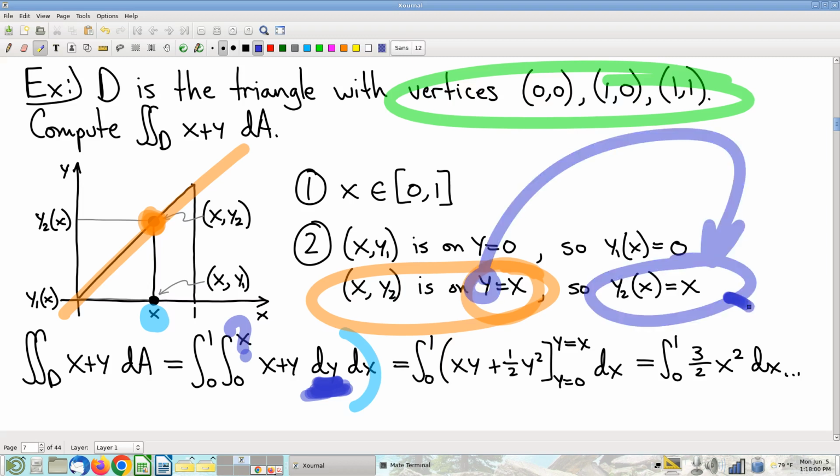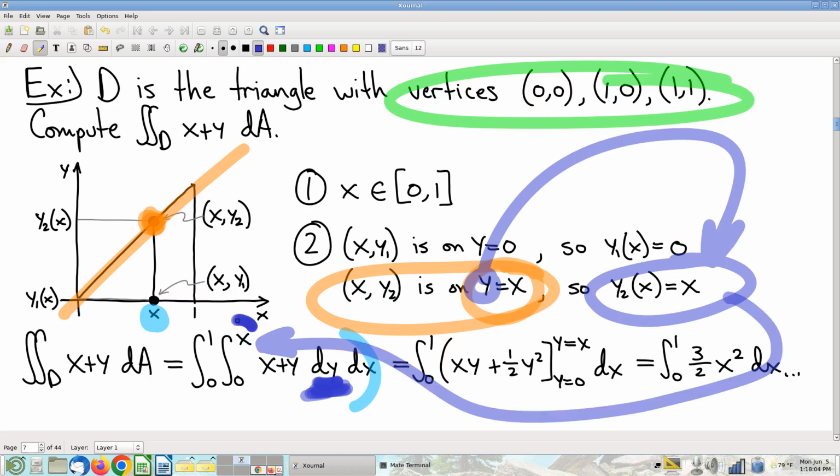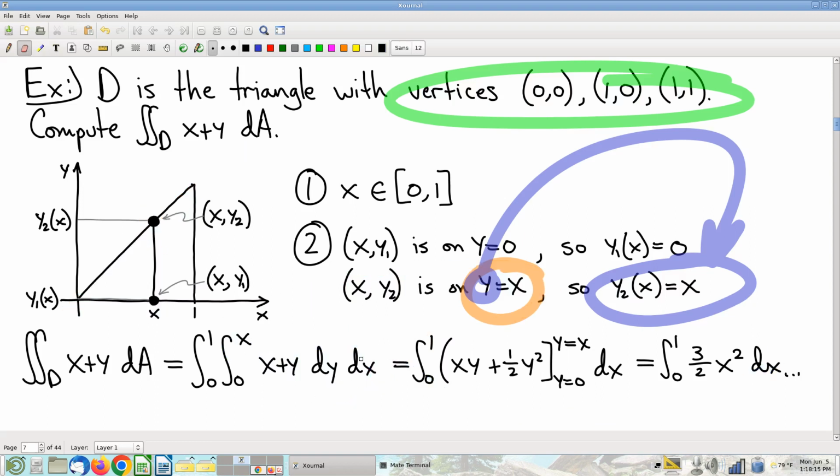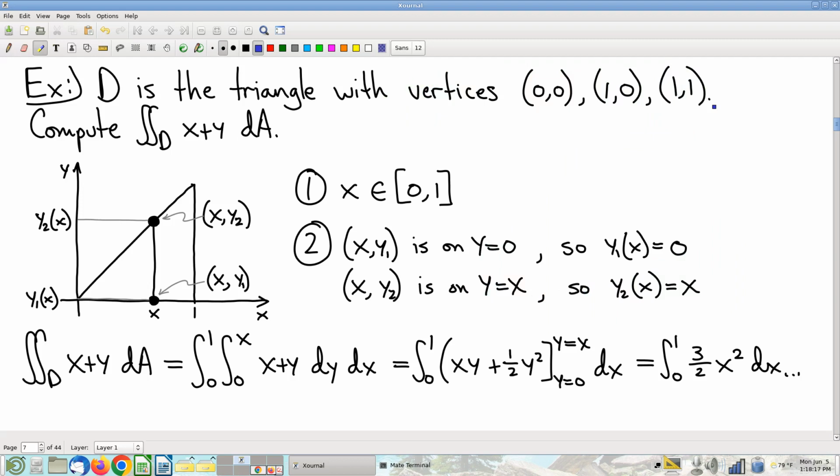And conveniently, y is an easy function of x. It's just x. Everybody happy? Okay. All right. Cool. And that's all downhill from here. Once you've got your iterated integral, then it's the fundamental theorem, inside out. We've done those before.